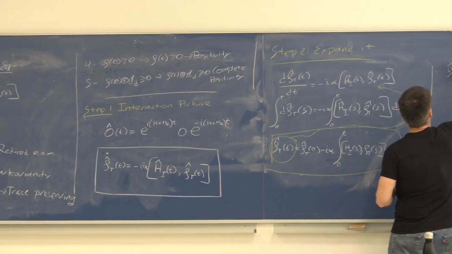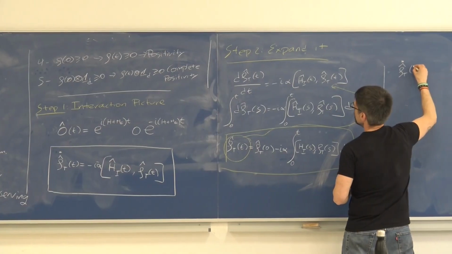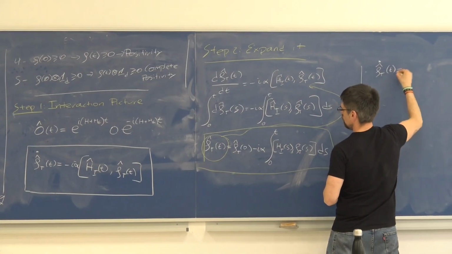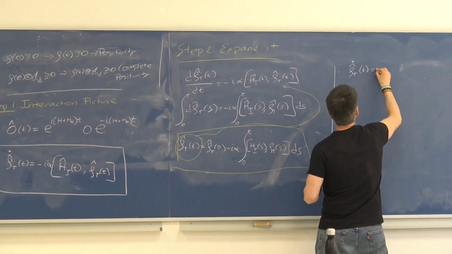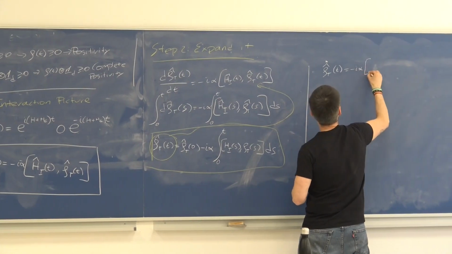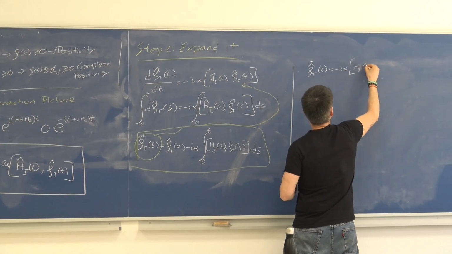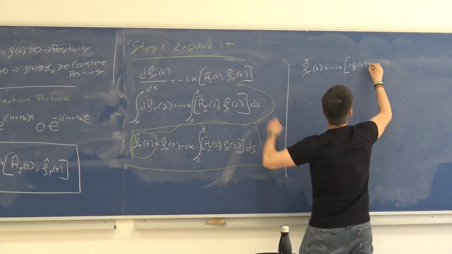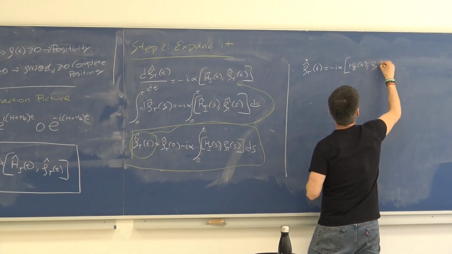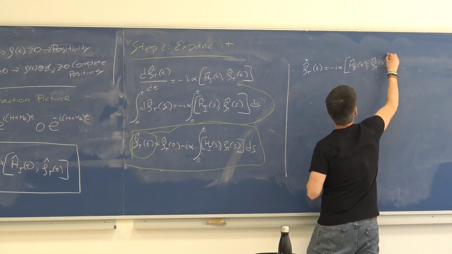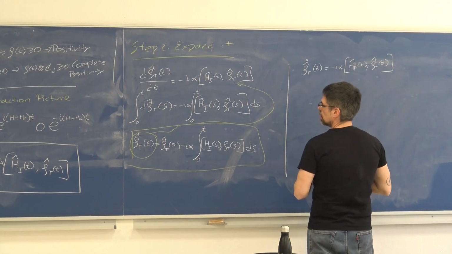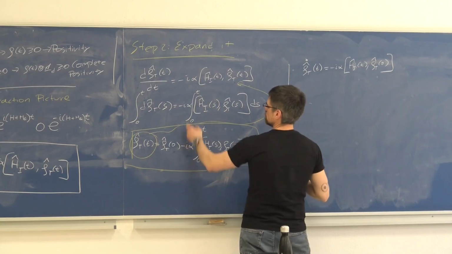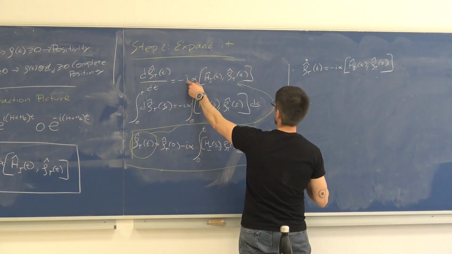Rho t hat dot of t will be then equal to minus i alpha H_I of t, now this guy goes here, rho t of 0 hat, and now we have this multiplied by this.